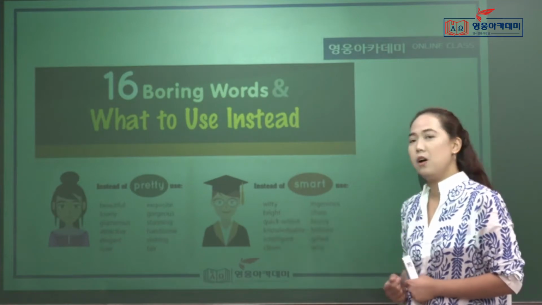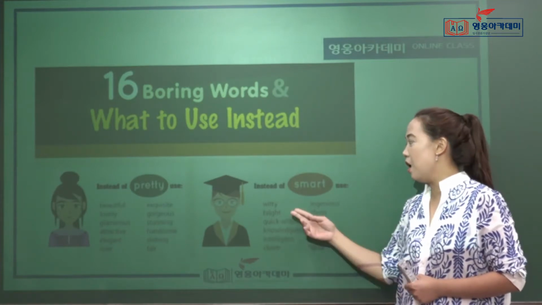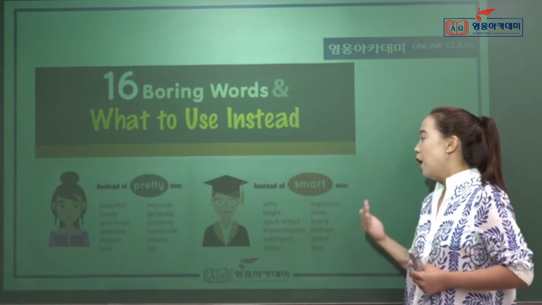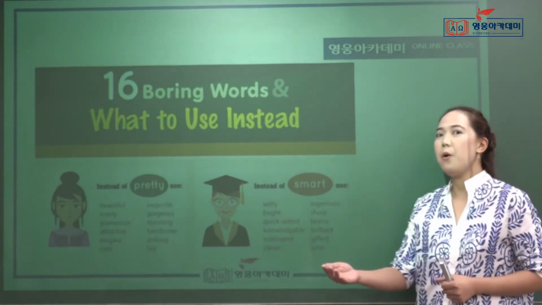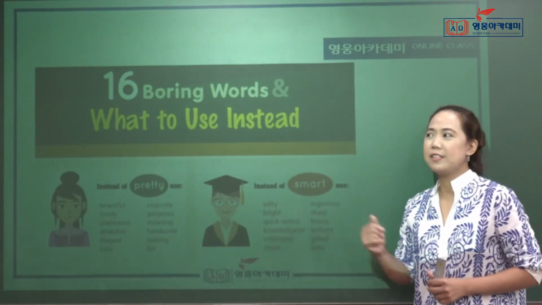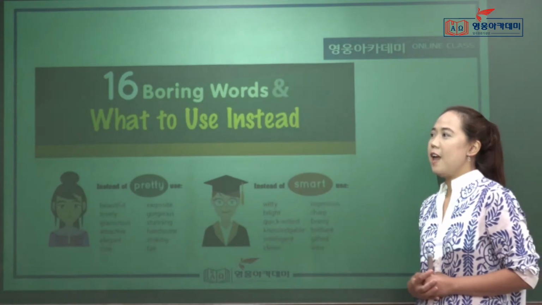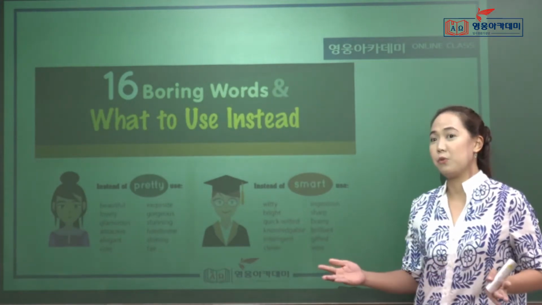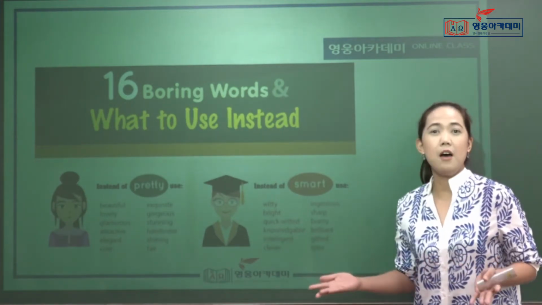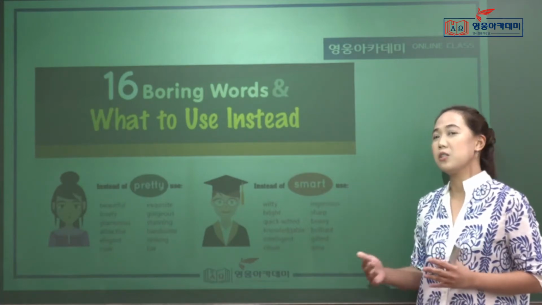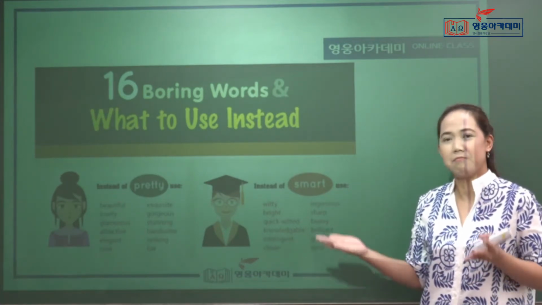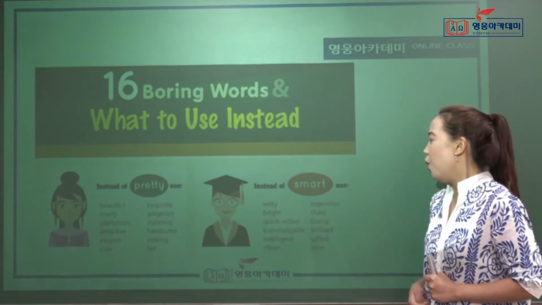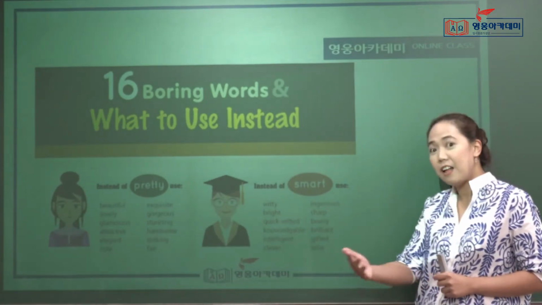You can say witty, okay? Bright, or quick-witted. Or how about knowledgeable? For example, Daniel has been to the U.S. for a few months, so he is quite knowledgeable about American culture. How about that? Okay? Or you can use intelligent, clever.